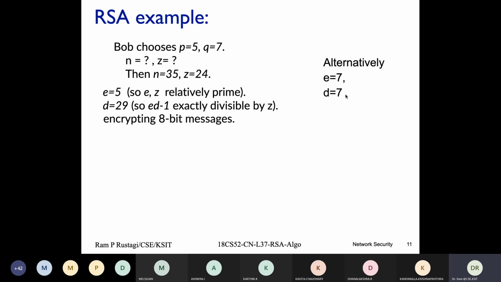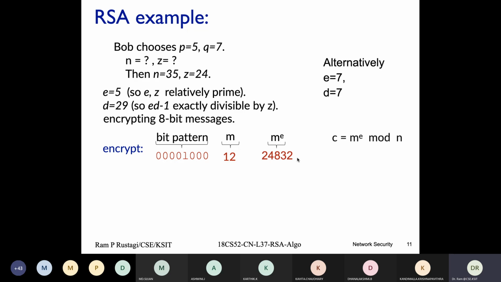Now let us look at how the entire encryption part really works. So we'll take a message. Let's say our message happens to be value 12. Now to encrypt, what we want to do is M raised to power E, which is 12 raised to power 5. When you do 12 raised to power 5, you will get the answer 248832, and this you have to do modulo n.